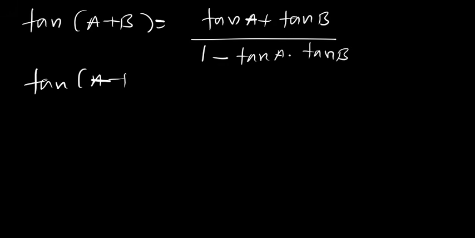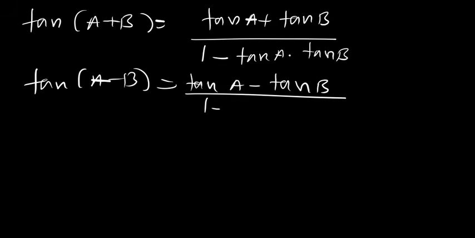A minus B, it will be tan A minus tan B divided by 1 plus tan A times tan B. What we have done, actually, we are done with trig identities, but people get confused if they give you this.